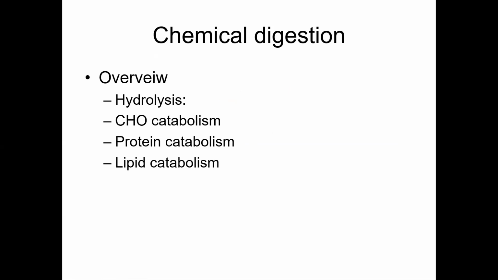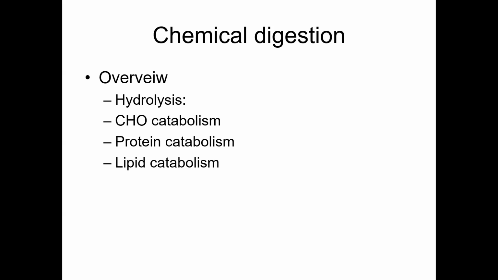The list here shows the types of chemical digestion. For example, if you digest a protein, you can make smaller peptides, and if you digest those further, you can make single amino acids.